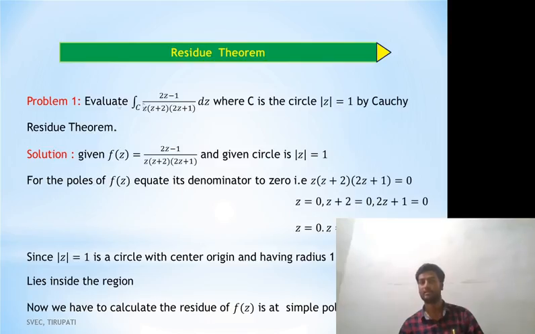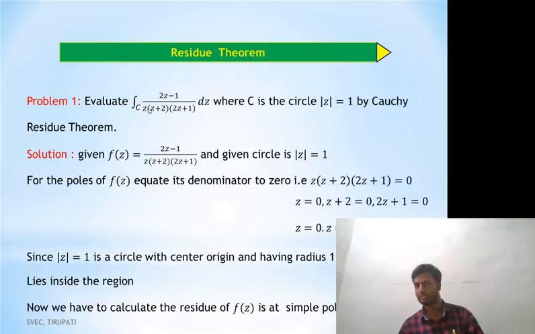See the first one. This is your problem, and first you need to check the poles. How many poles are inside C? For poles, equate the denominator to 0. z equal to 0 is one pole, z equal to minus 2 is one pole, z equal to minus 1 by 2 is a pole. The given region is the circle mod z equal to 1.